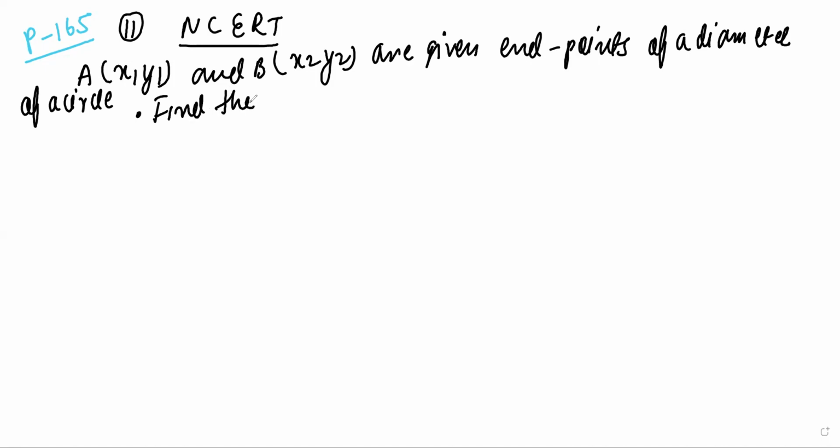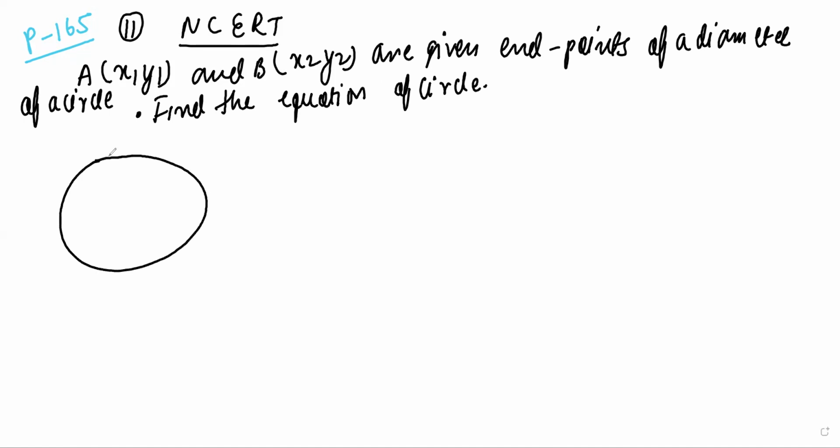Find the equation of the circle. Right. So these are the two endpoints of the diameter. So I will draw the diagram for the circle. Suppose this is the circle, right?